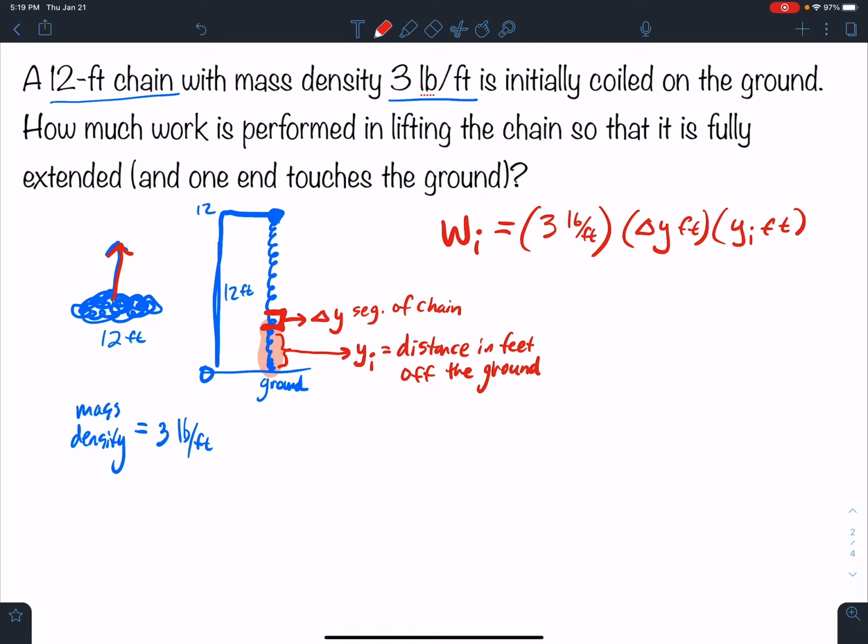What does this reduce to? Well, it reduces to 3 yi delta y foot-pounds.